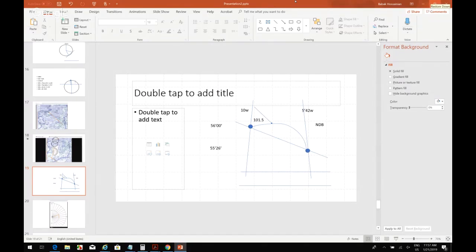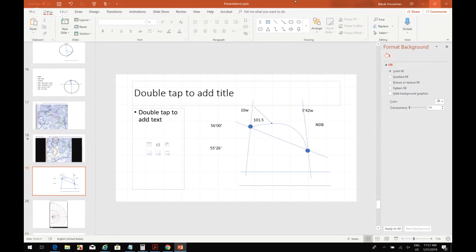The mean latitude is 56 plus 5526 divided by 2, 5543.